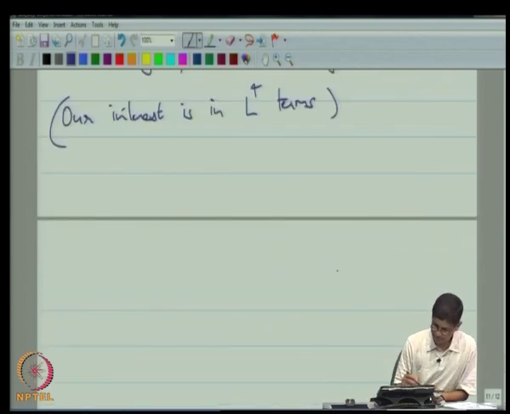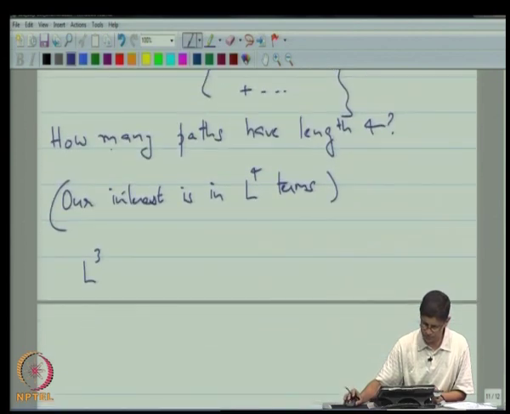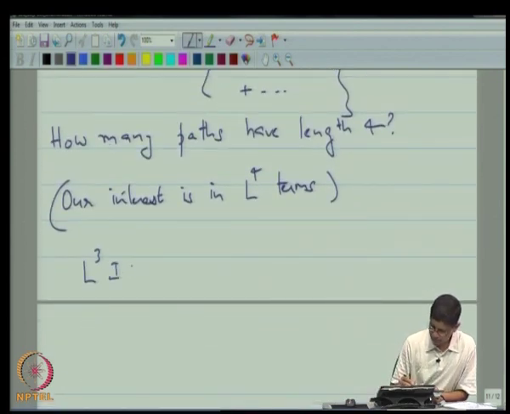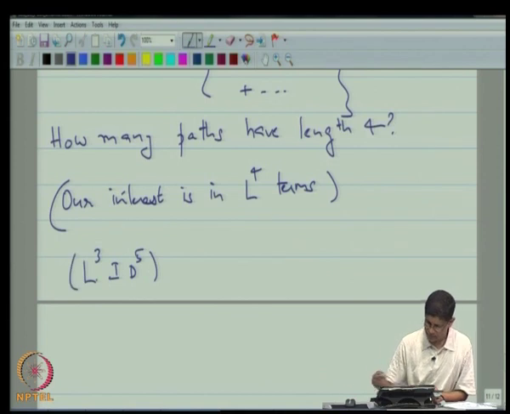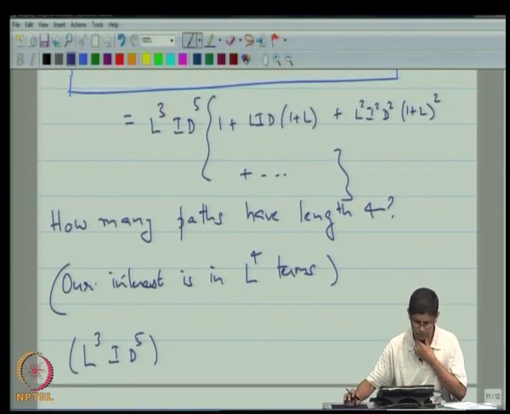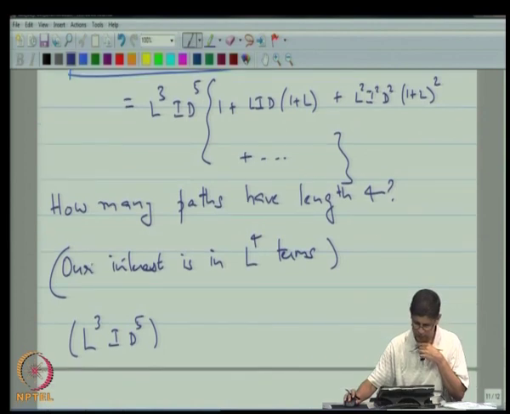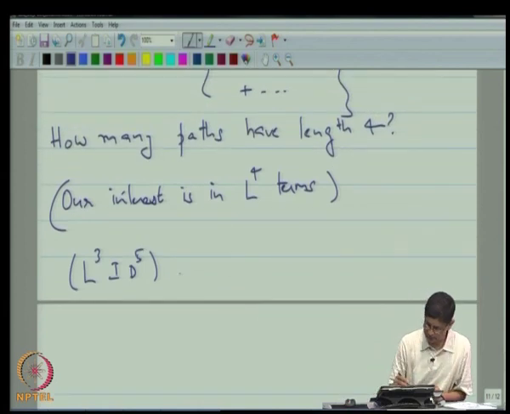So, you have L cubed I d 5, okay, times an L I d.